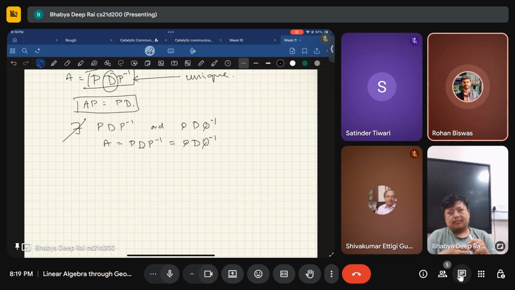And now Satinder is saying that okay, Rohan, you have distinct eigenvalues. So let's say the eigenvectors can only be normalized. So in that case, the diagonalization will be unique. But what if the eigenvalues are not distinct? Let's say some eigenvalue lambda 1 appears twice, and I'm keeping them in the same order only, eigenvectors also in the same order. But now in a plane, there could be many normalized vectors, right?